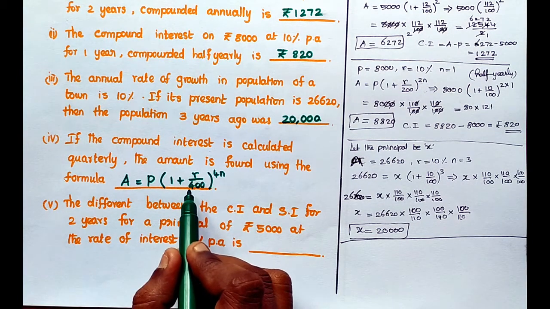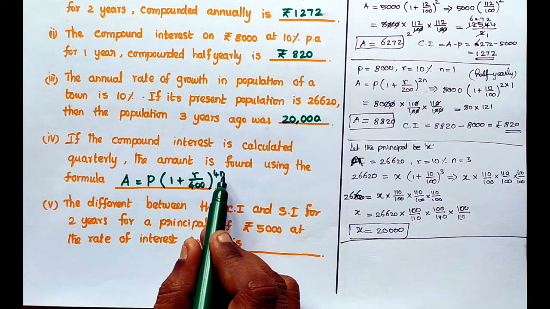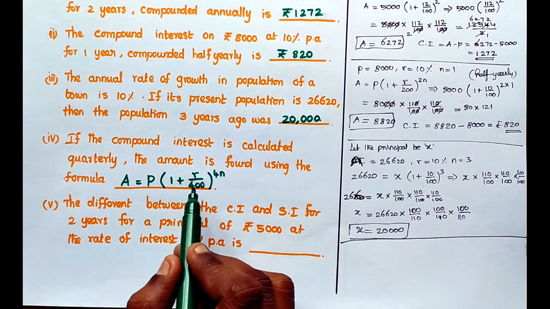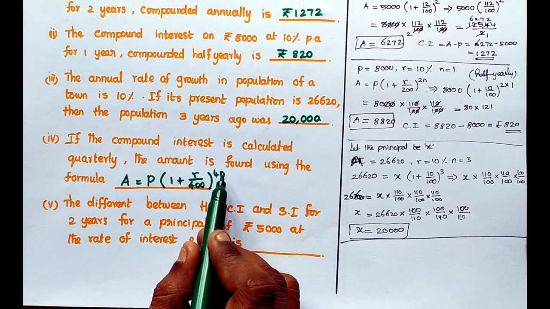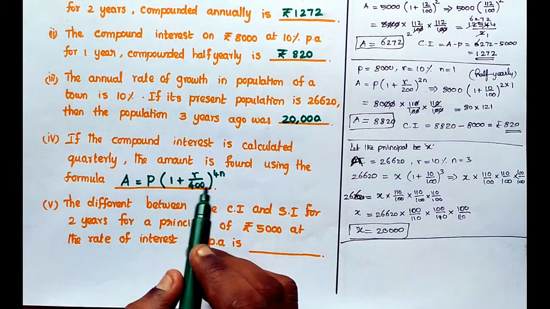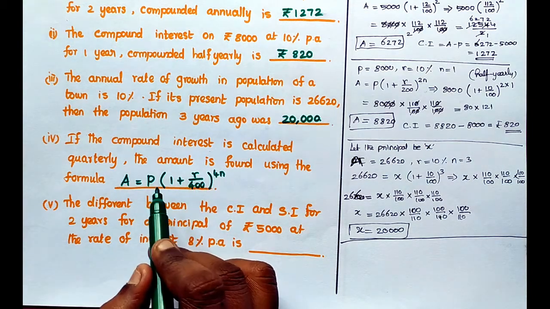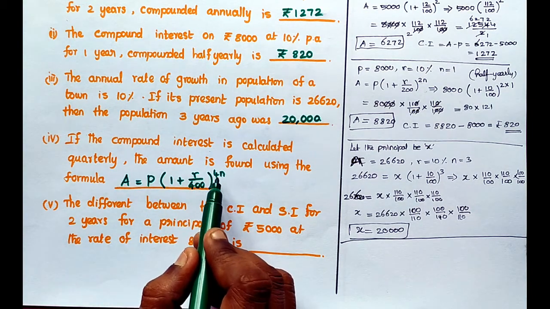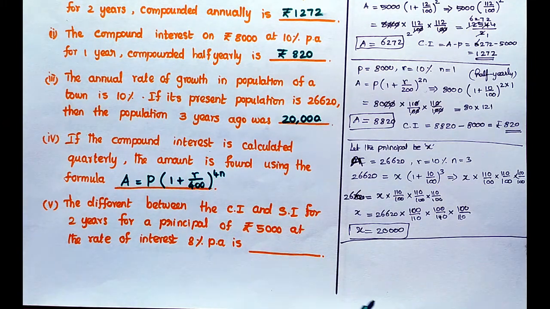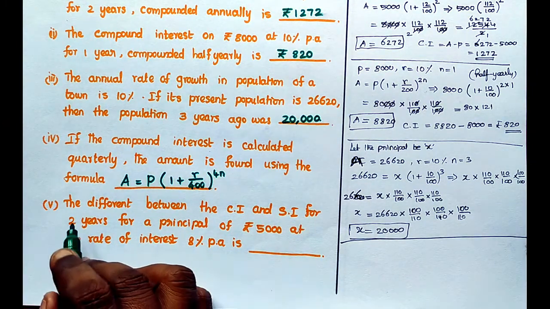Quarterly means here 100, here annually means here 100, here n only. Half yearly means here 200, here also 2. Quarterly means here 400, 4n.